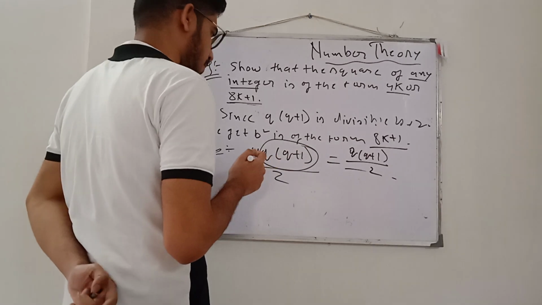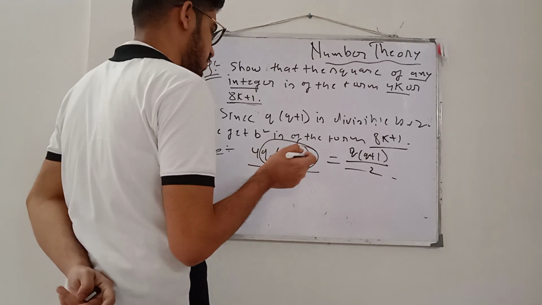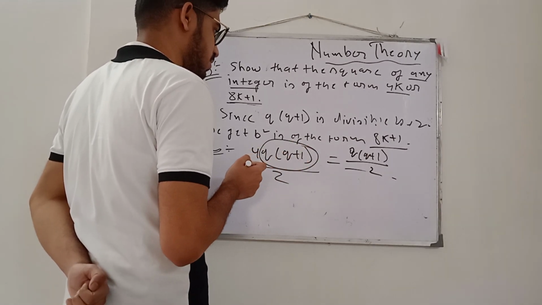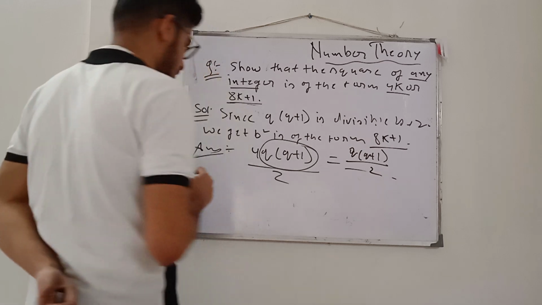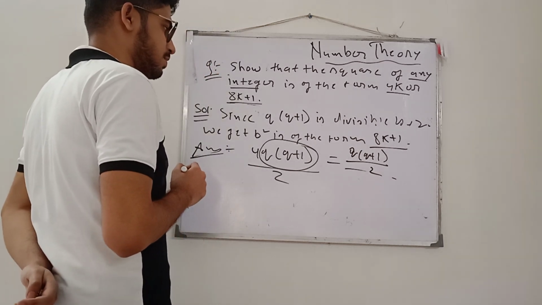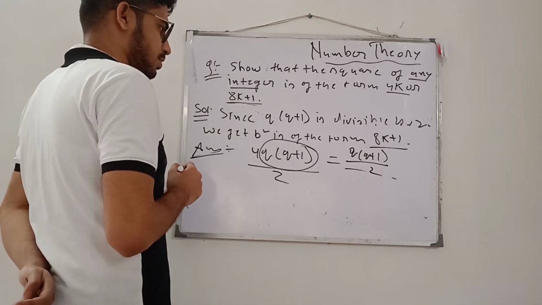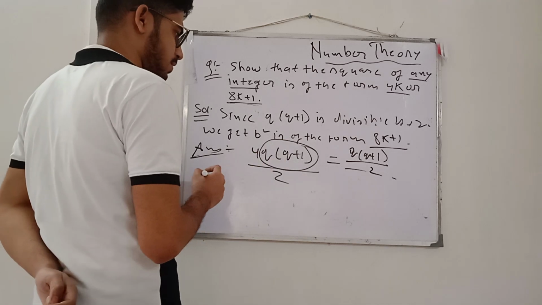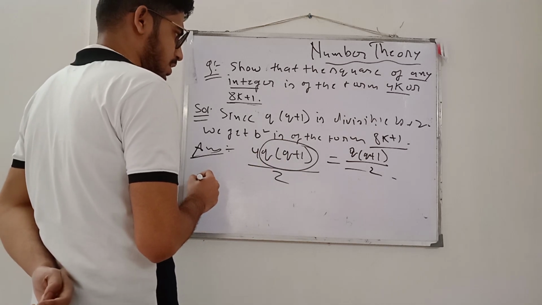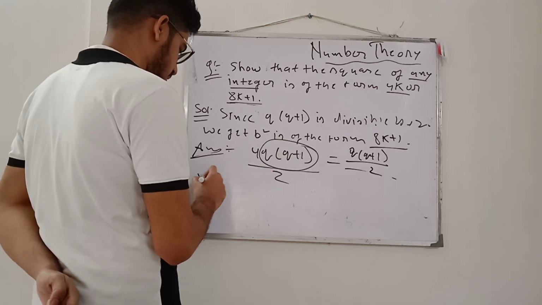Now it is divisible by 2, so we get b square is of the form 8k plus 1.